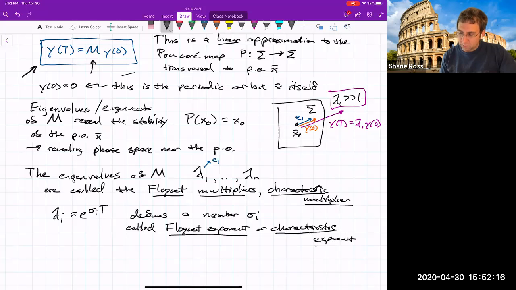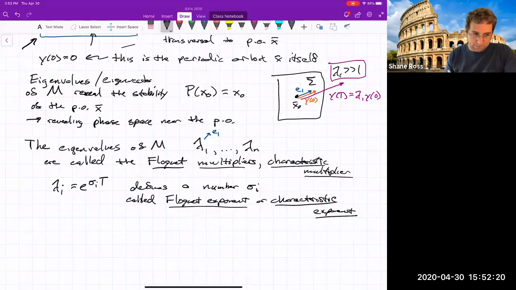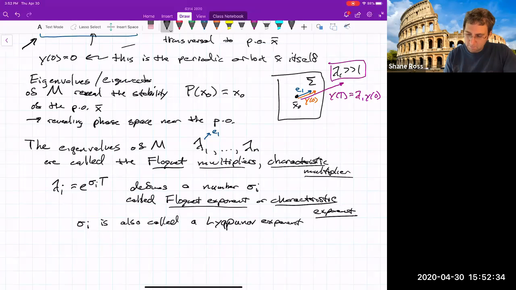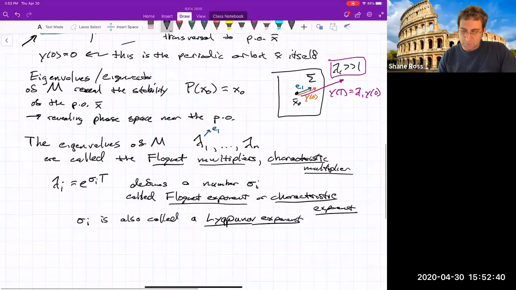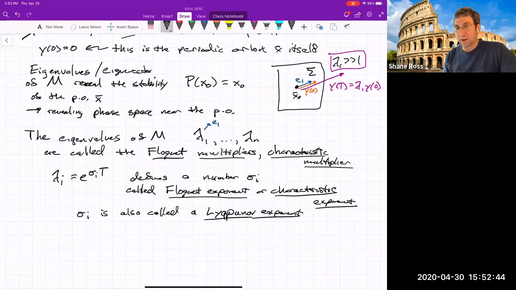It's related to another concept you might have seen. Sigma_i is also called a Lyapunov exponent. So this means our system could have n Lyapunov exponents.